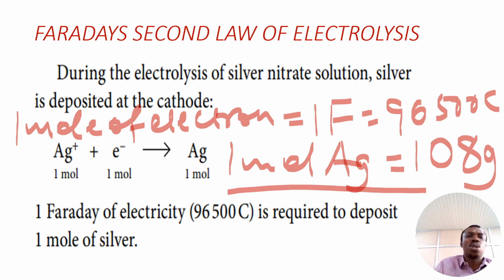So with this relationship, we can easily solve calculations that have to do with the mass of the substance deposited, or the number of moles of substance deposited. So 1 Faraday of electricity requires 96,500 coulomb to deposit 1 mole of silver, or 108 grams of silver.